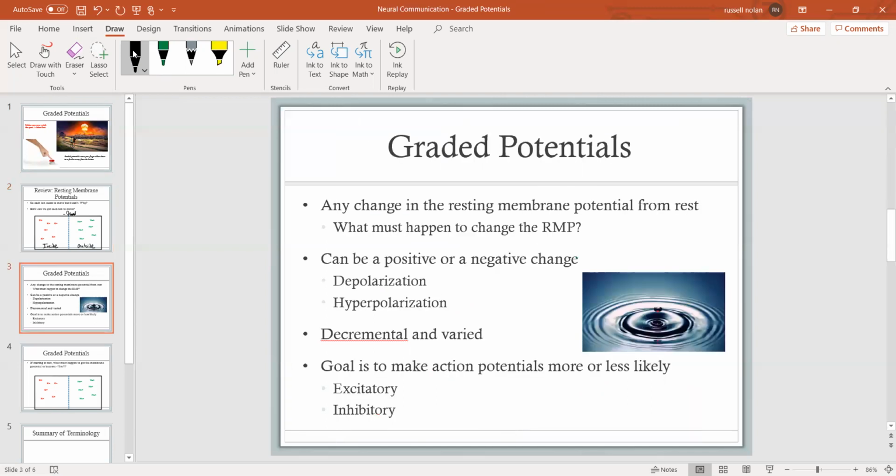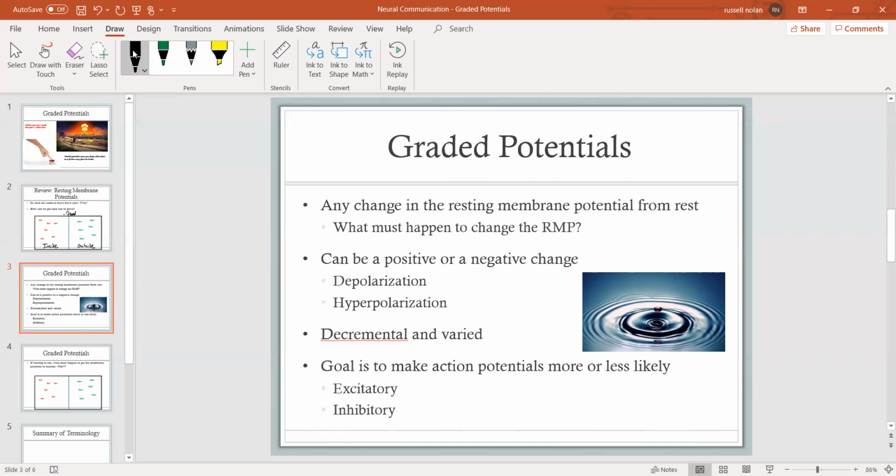So when we talk about graded potentials, you just need to put in your head that for the most part, especially for simplifying for this chapter, we are talking about chemical gates. There are cases of mechanically gated receptors causing graded potentials, but for this chapter, to simplify, I want you to associate graded potentials with chemical gates, and I want you to associate action potentials with voltage gates.